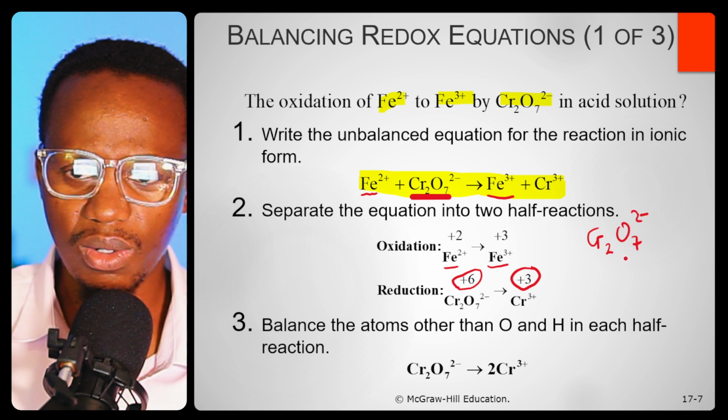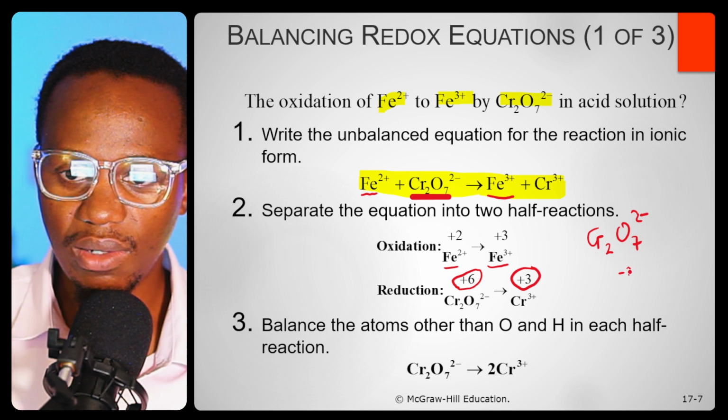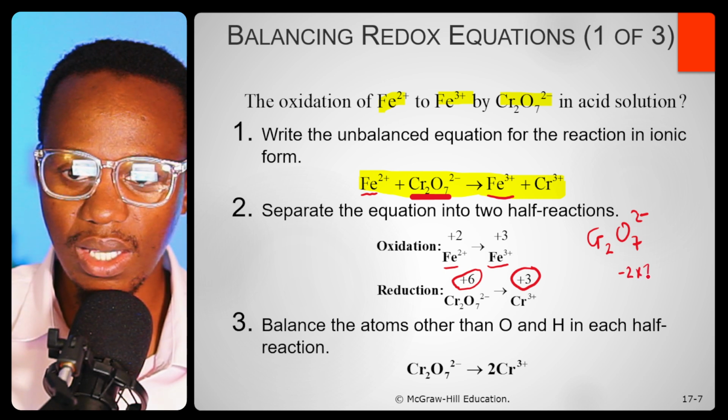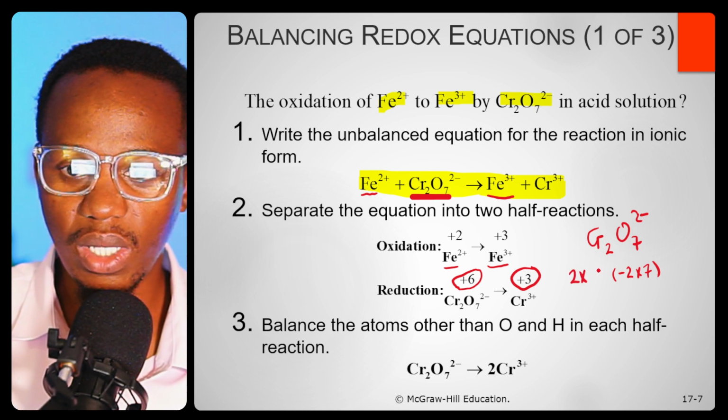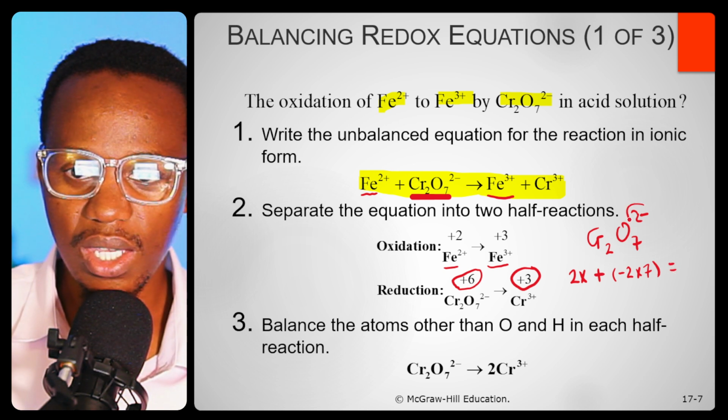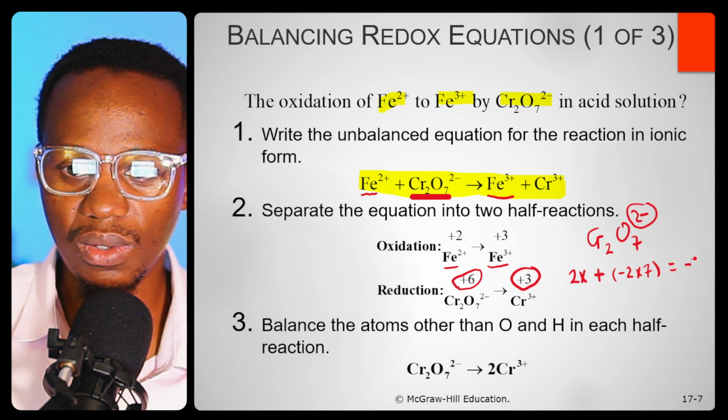Well, oxygen is always -2, so -2 times 7. And then Cr is 2 of them, so it's 2x, and 2x plus this much is going to be equal to this charge right here, -2.